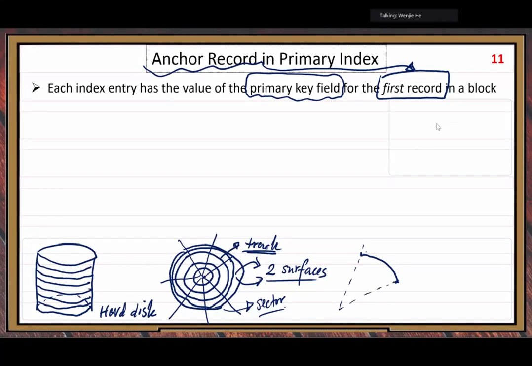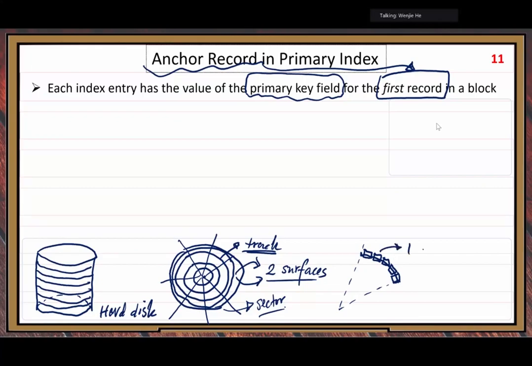Then on this arc, we further divide this arc into multiple disk blocks. Now we get to the unit. Each disk block we treat as a storage unit. So a sequence of disk blocks along this arc.